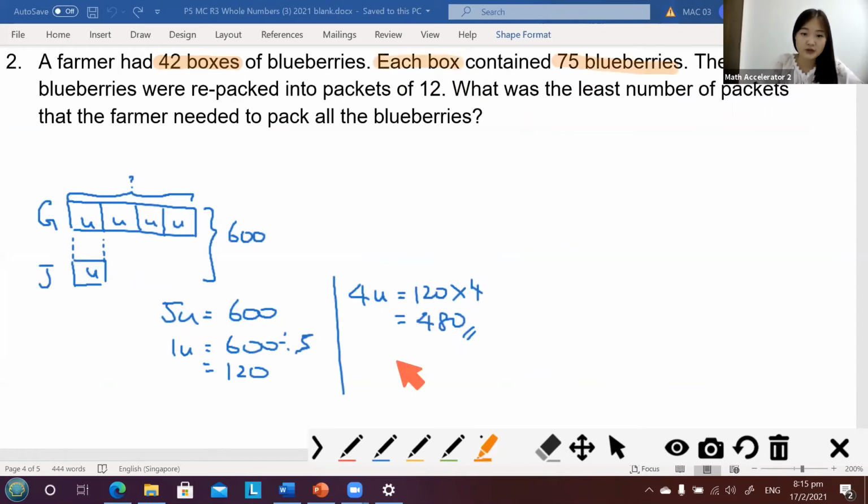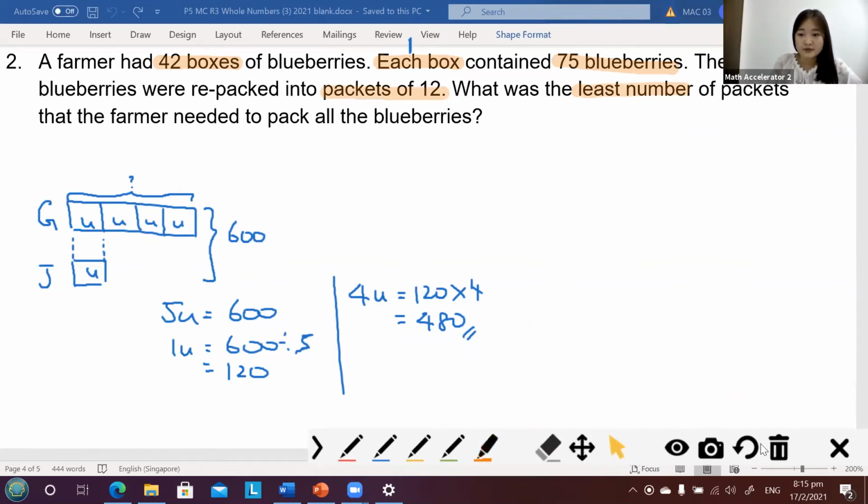Each box, so you can annotate here 1. Each box, which means 1 box will have 75. The blueberries were repacked into packets of 12. What was the least number of packets that the farmer needed to pack all the blueberries?